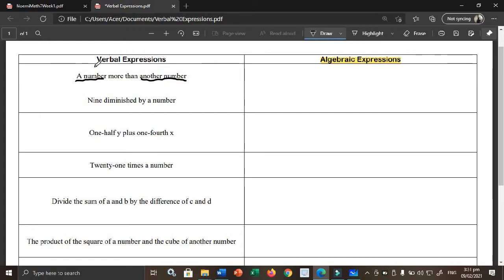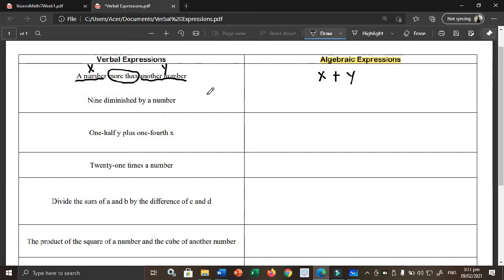So, let's say, for example, yung unang number, assume natin na that will be x. And then, yung another number, that will be y. And then, ito yung operation, more than. So, that is the clue word kung ano yung gagawin natin. If that is the case, we can write this verbal expression like this: x plus y.